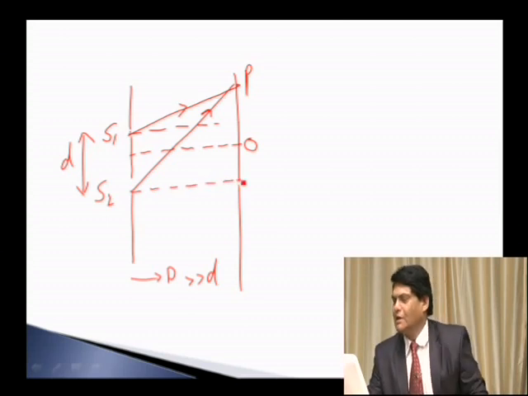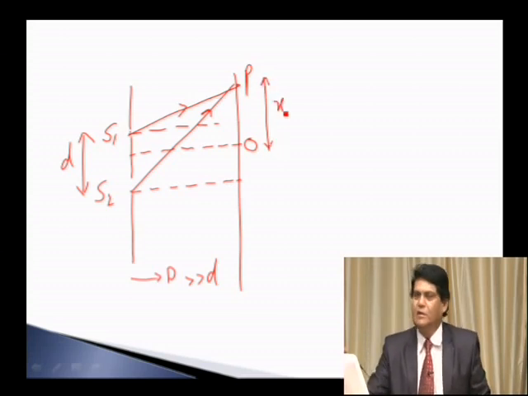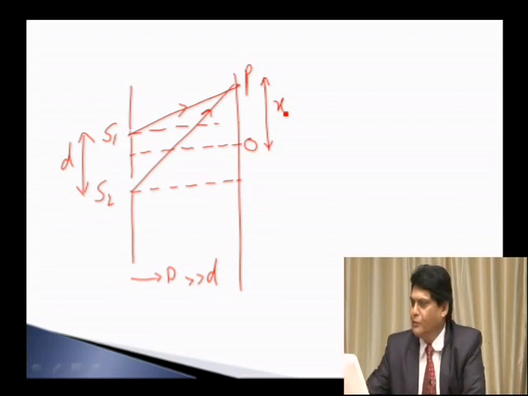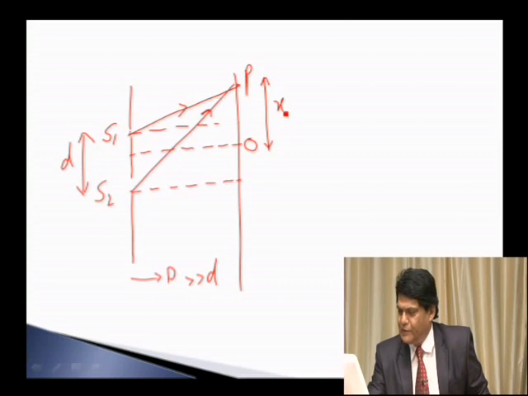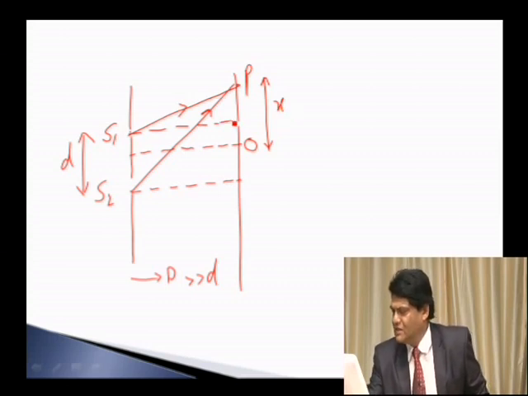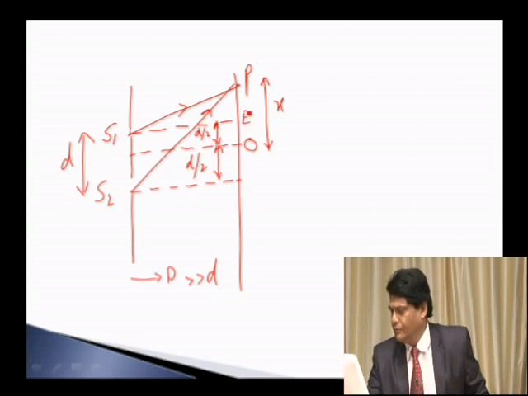Then you notice that x is the distance of the point P from O. Since the distance between these two slits is taken as d, this distance is d divided by 2, and similarly this distance is also d divided by 2. Let these two points be E and F.